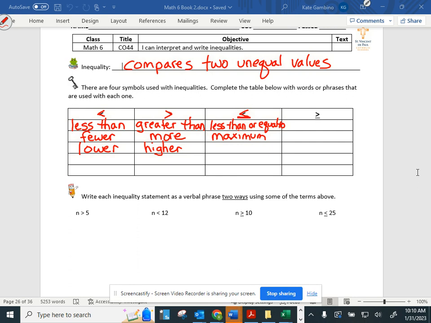He could spend $24.99. He could spend $25, but he cannot go above it. It has to be less than or equal to that $25. He could spend at most $25, or he could spend no more than $25. Those all mean that it's less than or equal to.